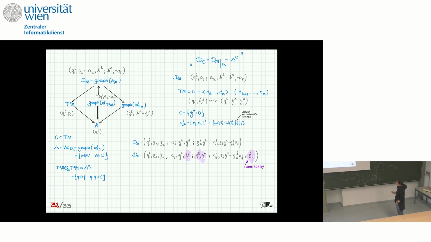Then it will be easier to use, again, coordinates adapted to C in such a way that I have a splitting into something which is in C and something which is orthogonal. Then I have a splitting of something which is in C star and something which is the annihilator of C star. Here we are in T star M with the splitting dual to the constraints and orthogonal.